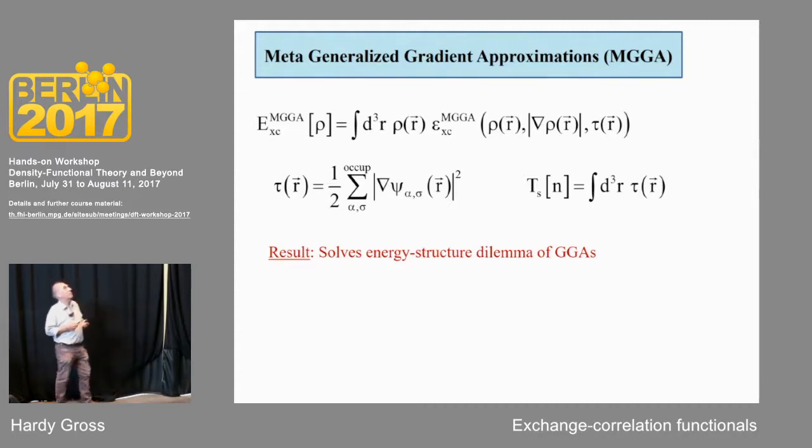That's the meta-GGA. Here, in addition, you choose a dependence on the non-interacting kinetic energy density. So that's this expression here, the energy density tau of r, whose integral gives you the non-interacting kinetic energy. And this more general form of meta-GGAs indeed solves this energy structure dilemma that the GGAs have.